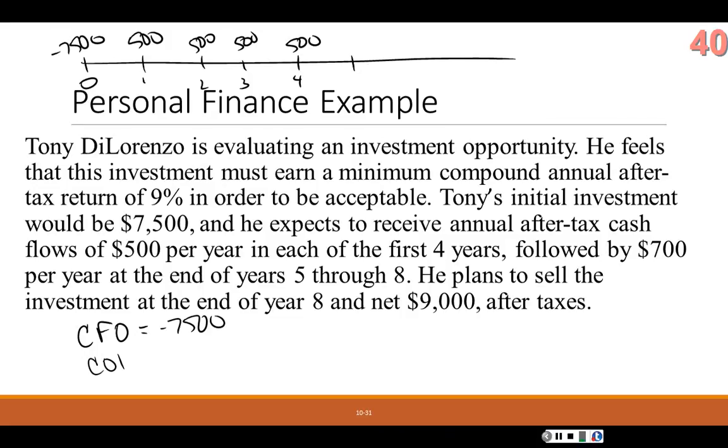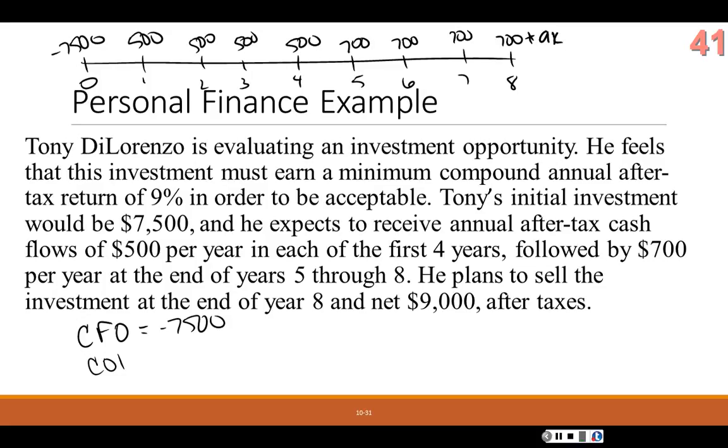For years 5 through 8, he's receiving $700. But in year 8, he's also going to sell the investment and receive $9,000.